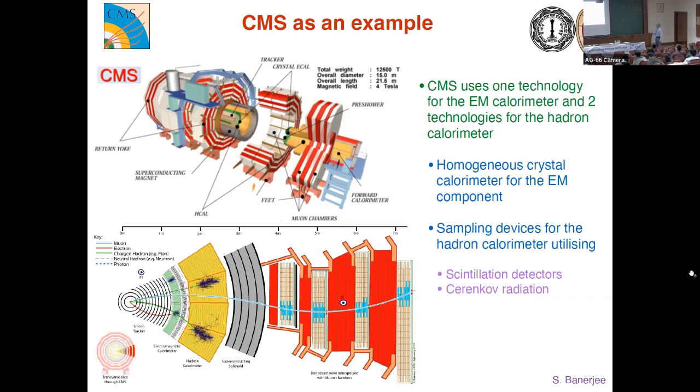The electromagnetic calorimeter utilizes a homogeneous crystal calorimeter, whereas the hadron calorimeter uses a sampling device because, as I said in the last lecture, you cannot have a homogeneous material for the hadron calorimeter. But not only that, it uses two technologies: one is scintillation, and the other is Cherenkov radiation. We utilize these two technologies for hadron calorimetry.